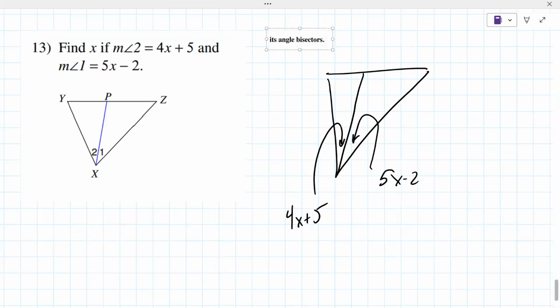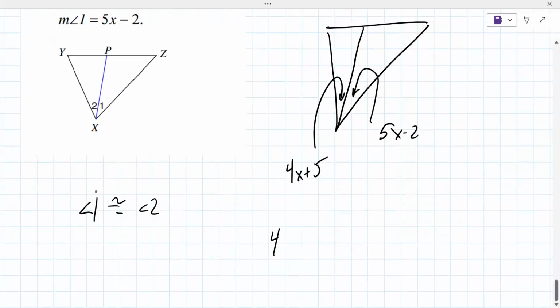So what does that mean for angle 1 and angle 2? They add up together to make a whole. Well, they do, but what do they equal each other? Yes, that's better wording. So angle 1 is congruent to angle 2. So 4x plus 5 equals 5x minus 2.